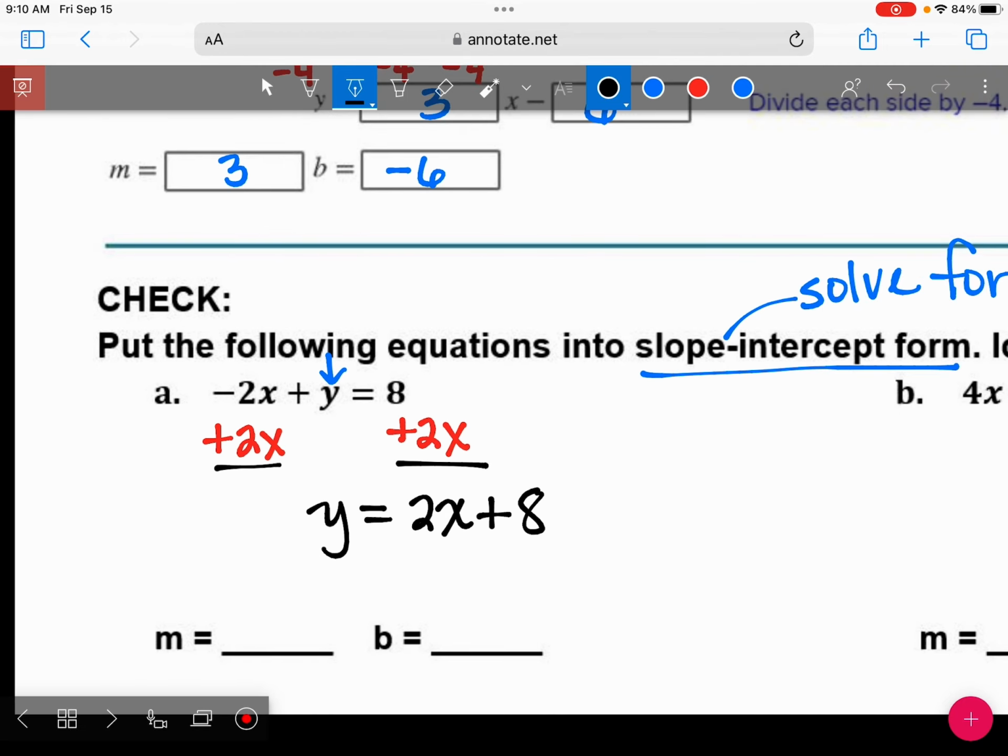Now go ahead and write which number is the slope and which one is the y-intercept. Write the slope and the y-intercept on these two blanks. So my slope is 2. My y-intercept is 8.